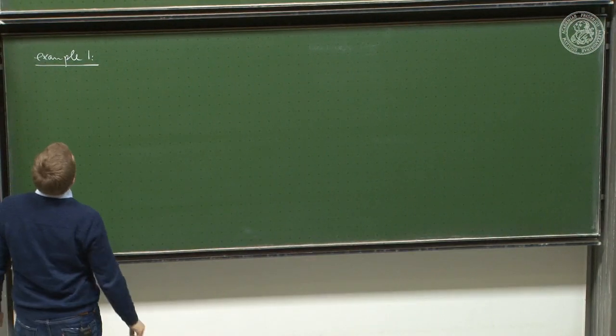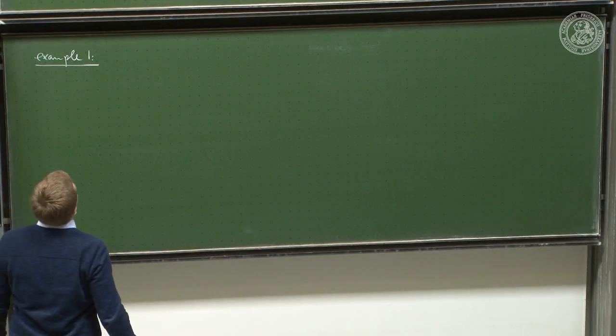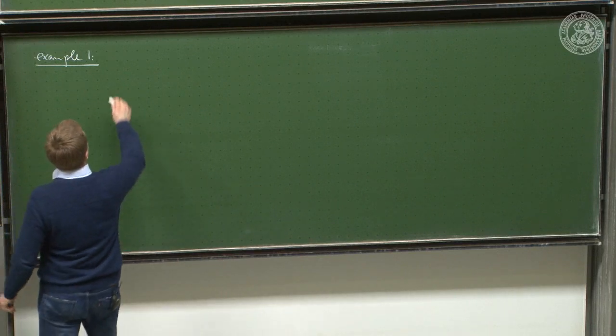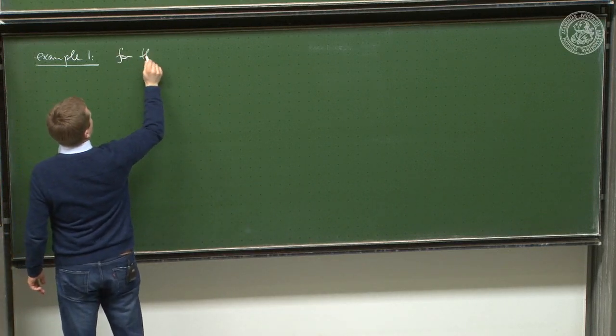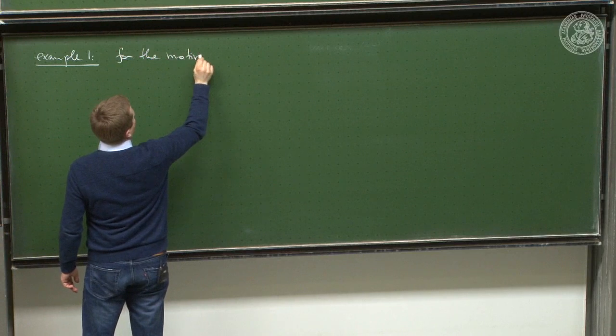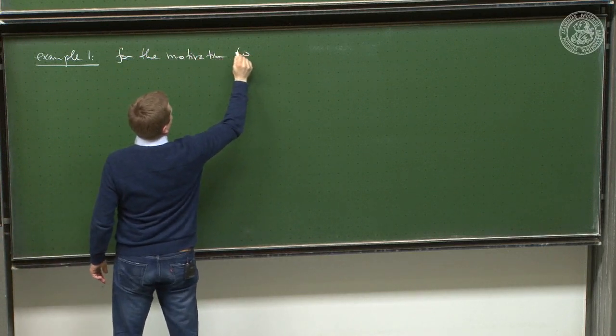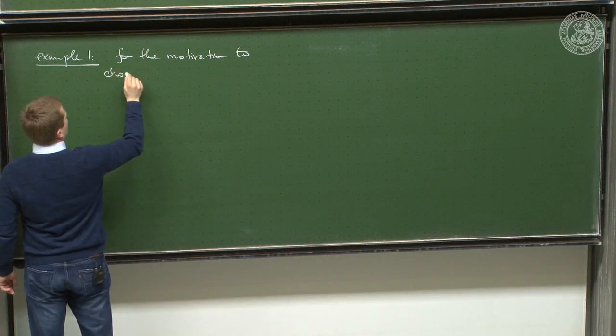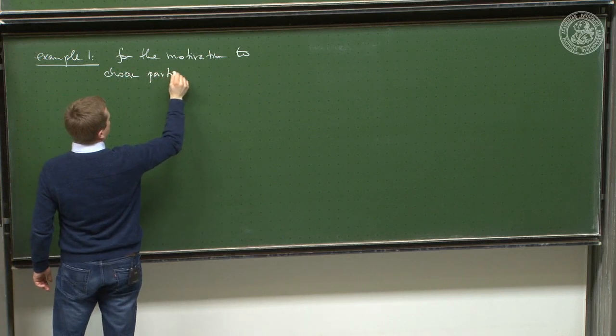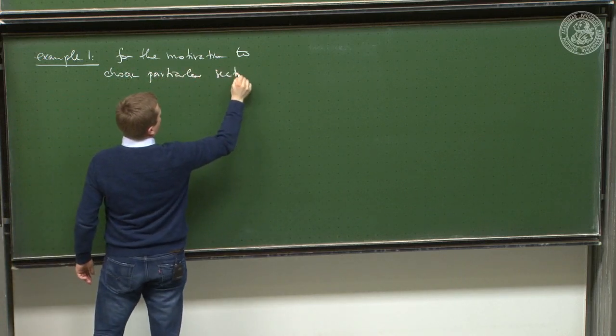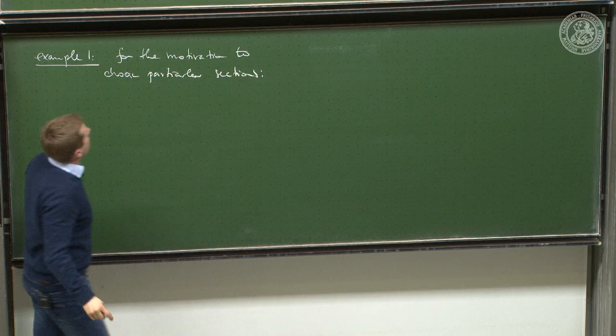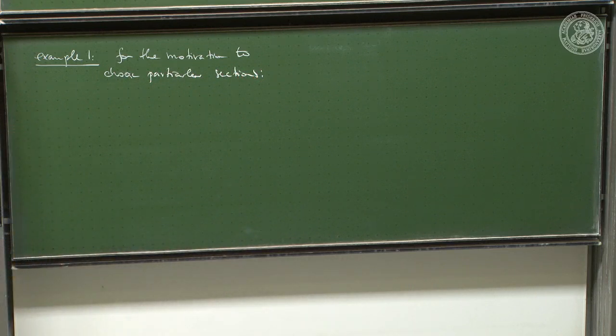Example 1, and this is supposed to be an example for the motivation to choose particular sections. So you might have wondered, okay, we want a localization, but why do I have to provide as much information for that as to choose a section?